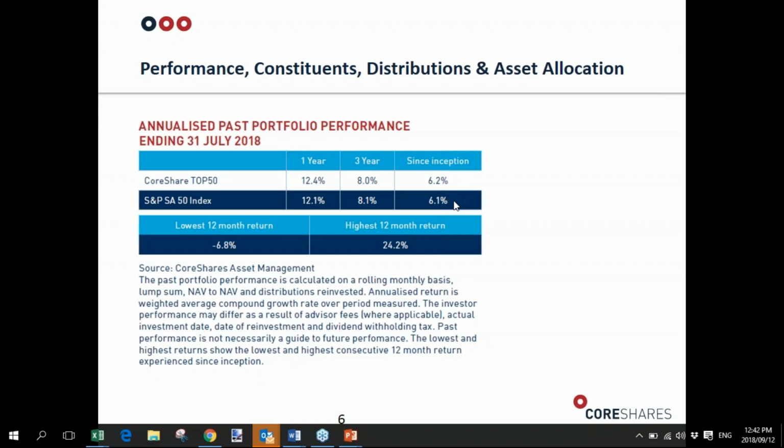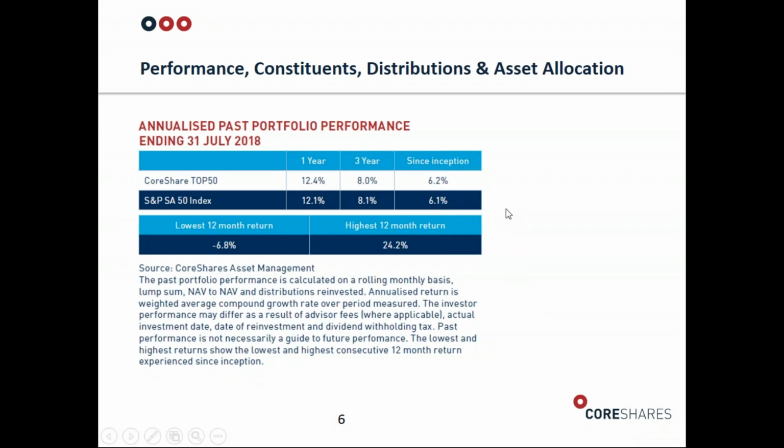We don't put a lot of decimals, and the fund has performed 6.2, but they're pretty much the same thing. The differences come in efficiency of tracking, etc. What you can typically expect is the index return minus the TER gives you the ultimate fund return. So that's performance, that's how you understand it. And as I said, the lowest 12 and the highest 12 is an important indicator of what you can expect as an investor.